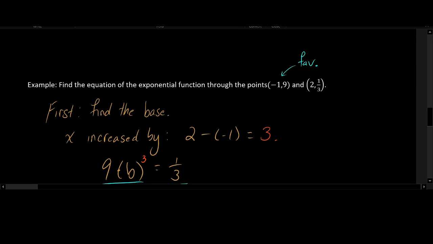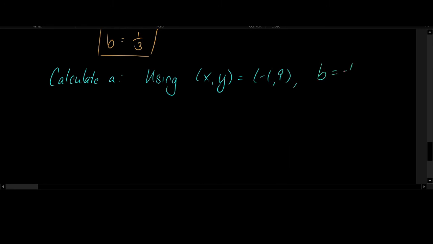So let's use our favorite point and our b value to calculate a, using the point where x and y are equal to -1 and 9 respectively, and we found that b was 1/3.